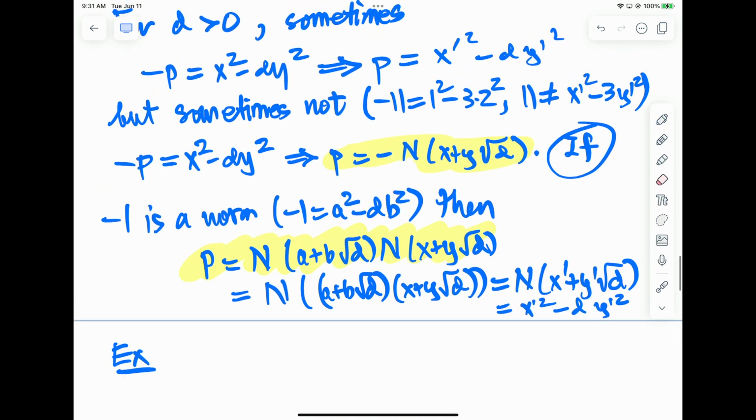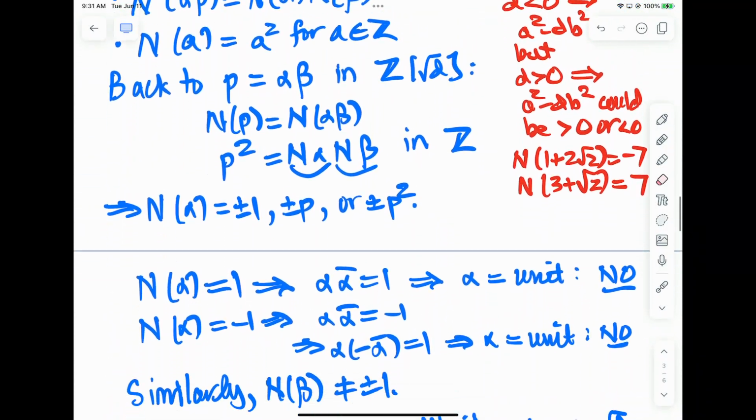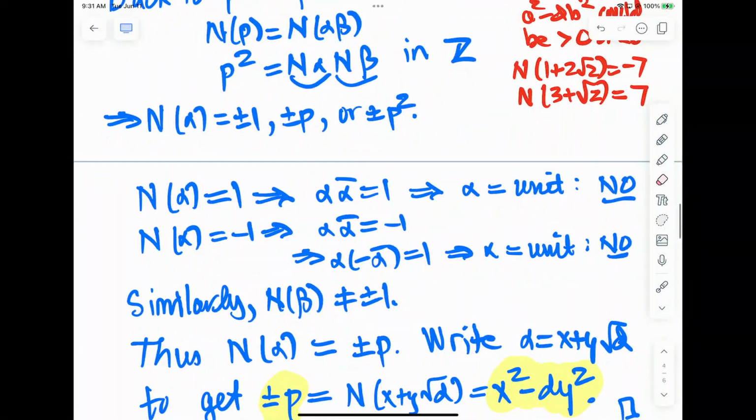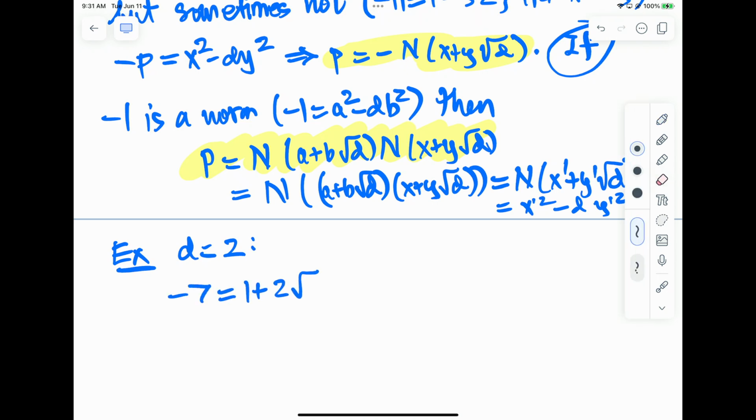Okay, so for example, this seems too abstract. Earlier, we had seen that minus 7 was 1 plus 2 root 2, taking d equal to 2. Excuse me, minus 7 is not 1 plus 2 root 2. I know that's not true.